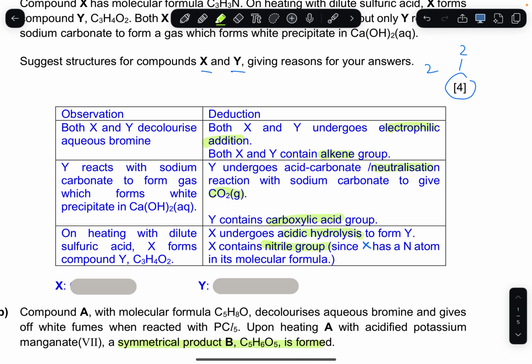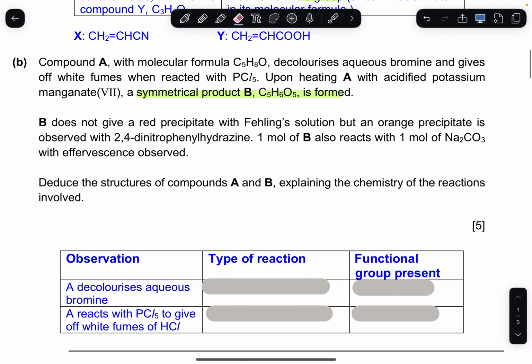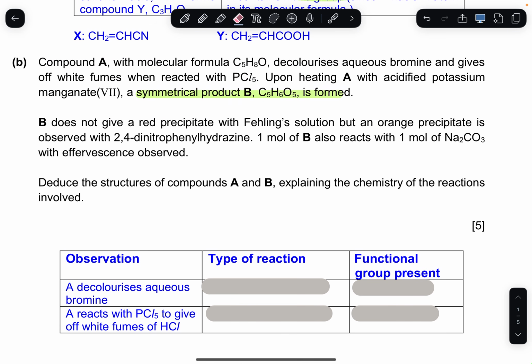Then the key here is when you react with acidified potassium manganate, you expect oxidative cleavage of the alkene that you have previously identified. So if you cut the C=C double bond, it should give you 2 separate products if it's a straight chain. However, there's only 1 product and the 5 carbons remain.